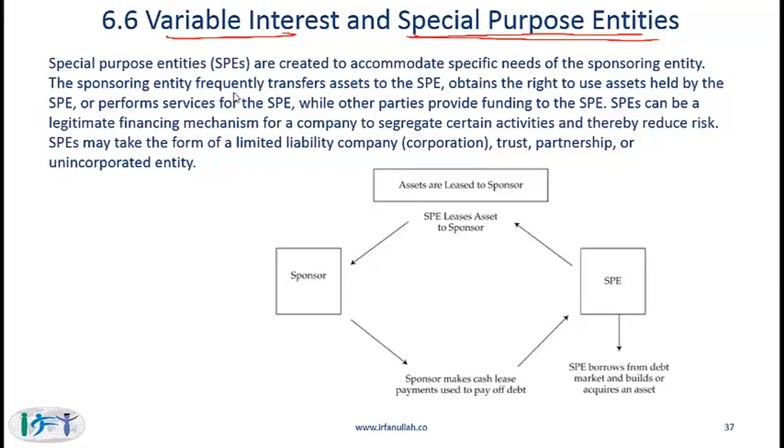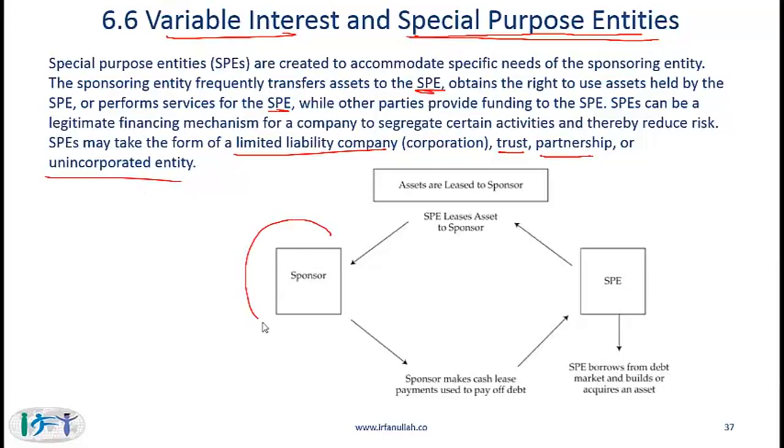The sponsoring entity frequently transfers assets to the SPE, obtains the rights to use assets held by the SPE, or performs services for the SPE, while other parties provide funding to the SPE. SPEs can be a legitimate financing mechanism for a company to segregate certain activities and thereby reduce risk. SPEs can take the form of a limited liability company, a trust, partnership, or unincorporated entity.